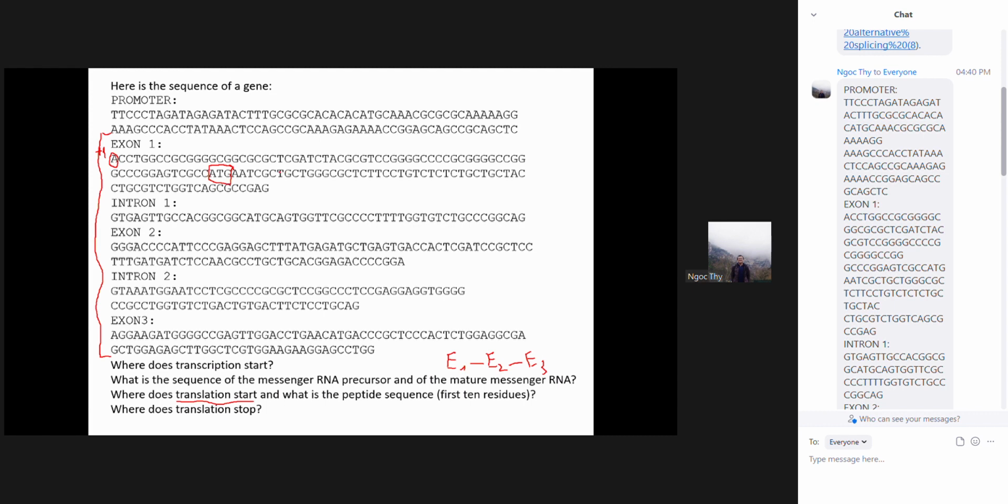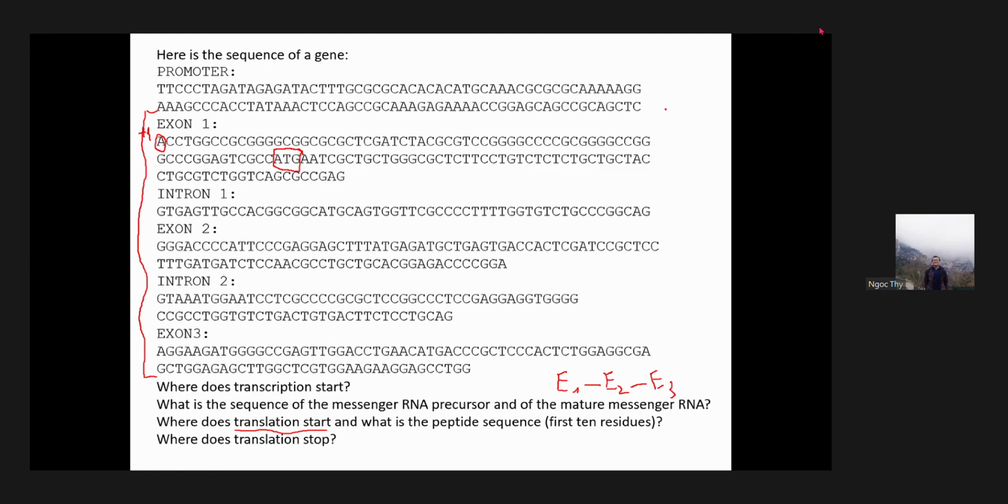Yeah, but the first ATG, not the second one. The first one, in this position, right? Position 68 in Python. Okay, great. So online we have several Python pipelines to guide us in finding the translation starting site of a gene. So you can use them if you like, not a problem.